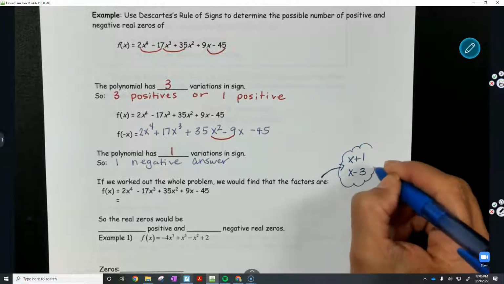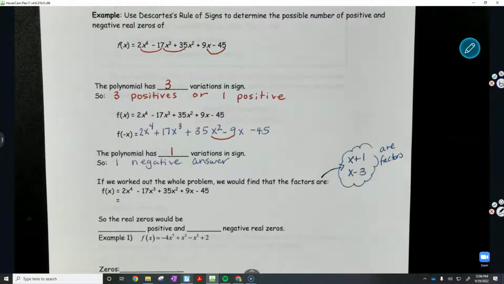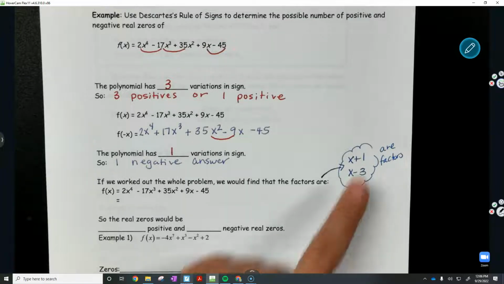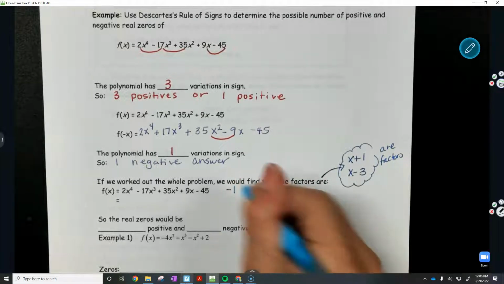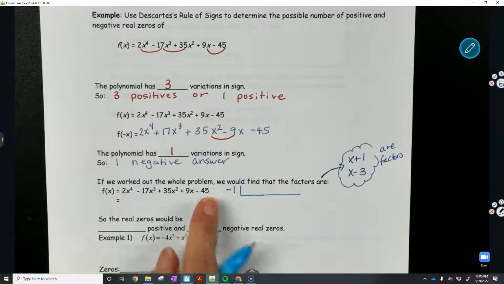So if these are factors, then we are going to solve the problem. How are you going to use those factors to start breaking down this giant polynomial? Synthetic division. Let's do it. All right. So I'm going to plug in a -1 right here. I'm going to draw an upside down division box. And I'm going to plug in all these numbers.